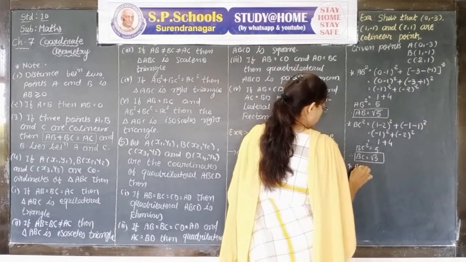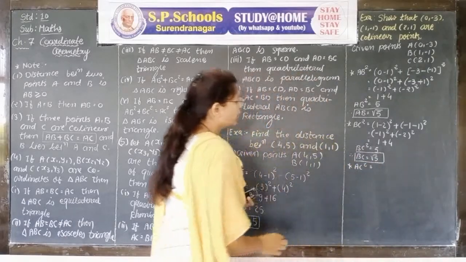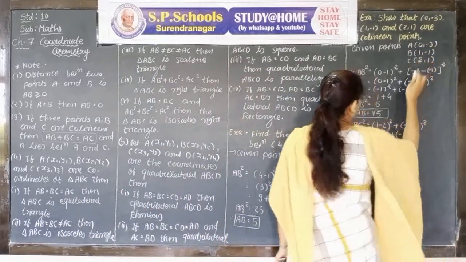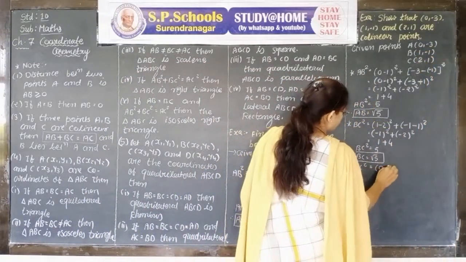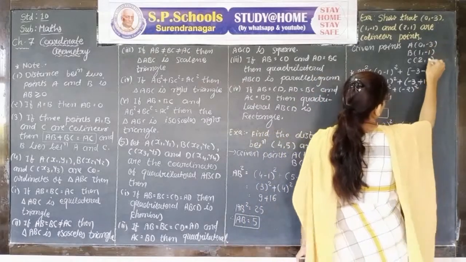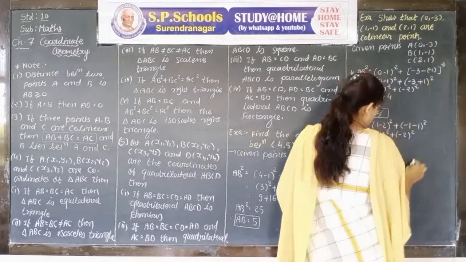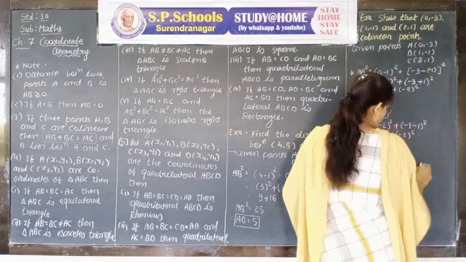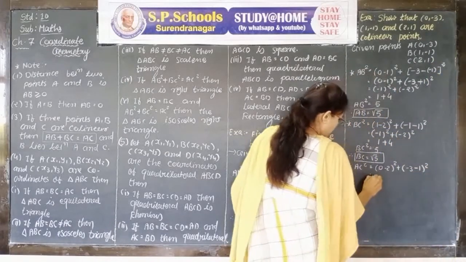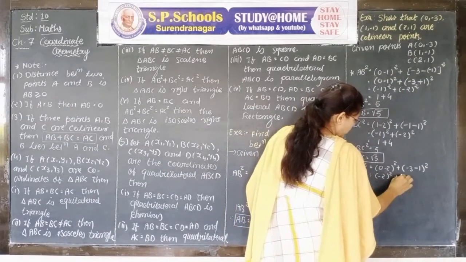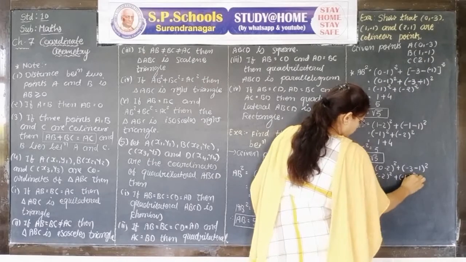In the same way we need to find AC square. AC square, difference of the x coordinates, 0 minus 2 whole square, compulsory plus, difference of y coordinates, minus 3 minus 1 whole square. Minus 2 is as it is, minus 3 minus 1 is minus 4 square.